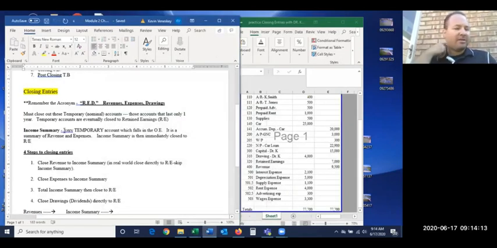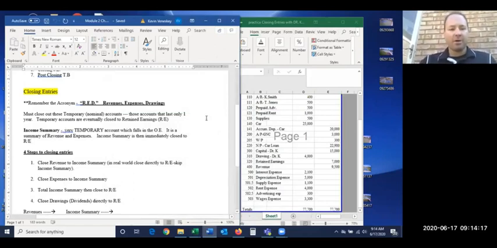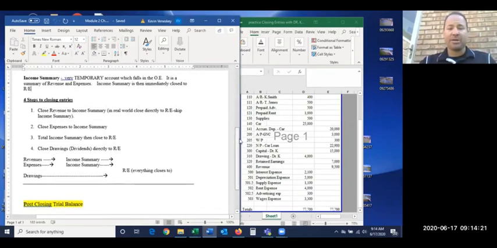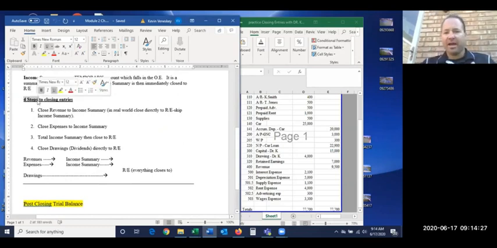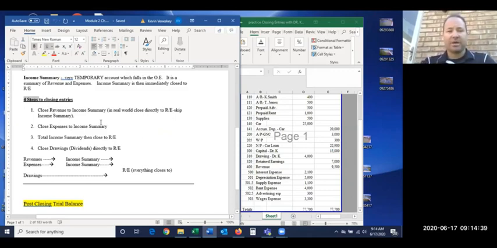All right, so the items that get closed out are considered our temporary accounts: our revenue, expenses, and drawings. And then that income summary is really temporary. Now, when you think of closing entries, think of the acronym RED, and then there are just 4 easy steps to close out the entries. You simply close out your revenues to income summary.